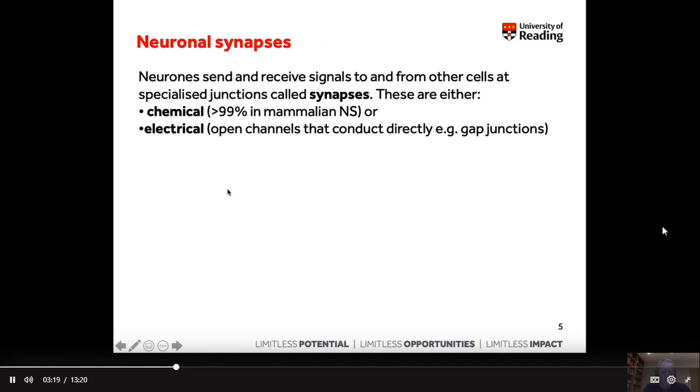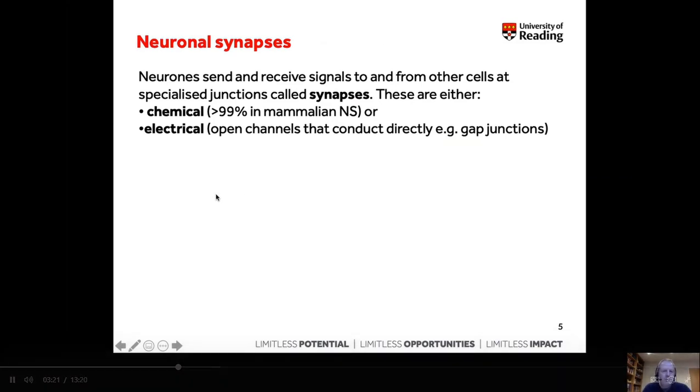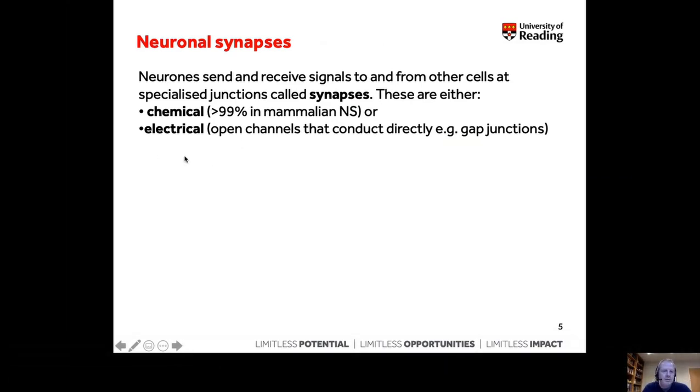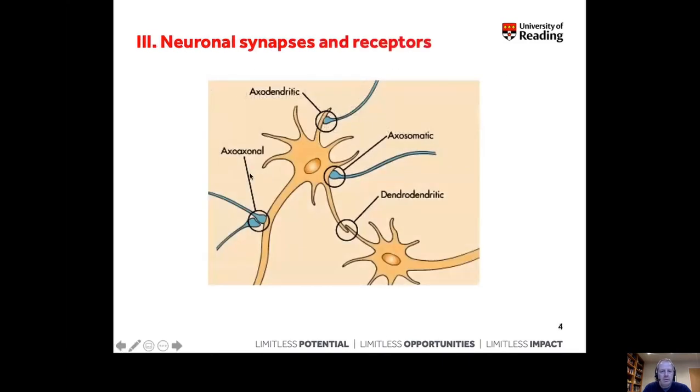Probably about 150 years ago, most people would reasonably have suggested that it was electricity that passed from one of these synapses to the other. So from here to here, across these synapses, there was some kind of electrical connection.